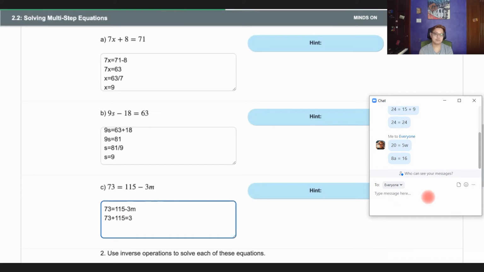Careful, something's wrong. See again, you see that there's something wrong. Okay, but just do it. You will see later. So 3 plus go to 188.